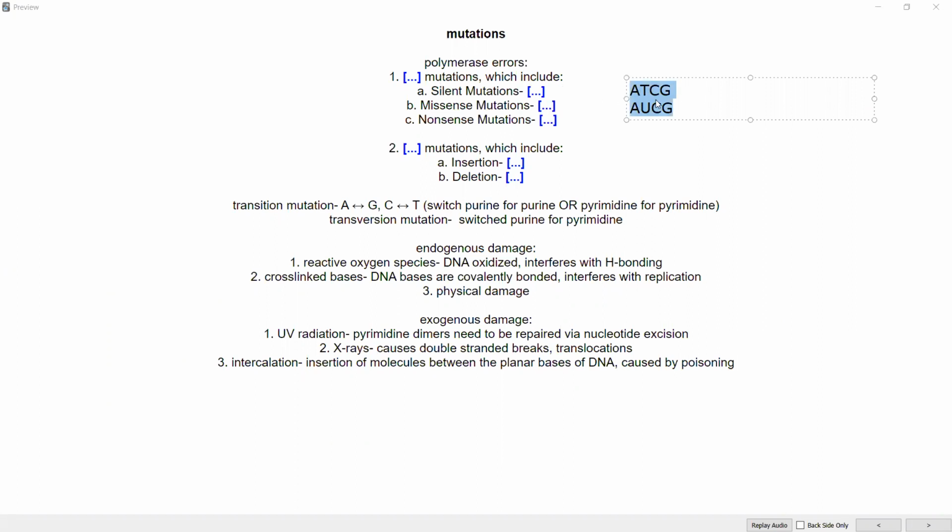We know about codons, right? Each of these three nucleotides at a time will correspond to an amino acid. A silent mutation is one where the mutation doesn't actually affect anything. For example, we talked about the third base wobble. The third base wobble means that CUU and CUC probably both code for the same thing.